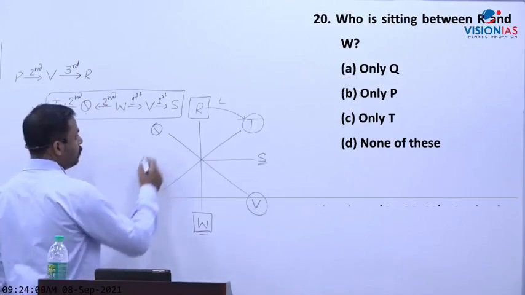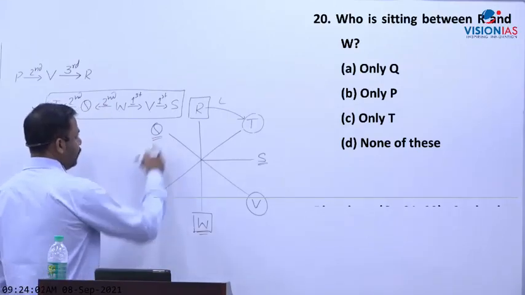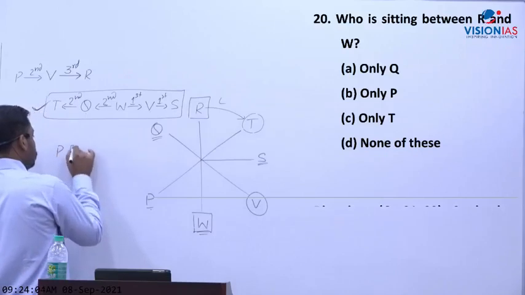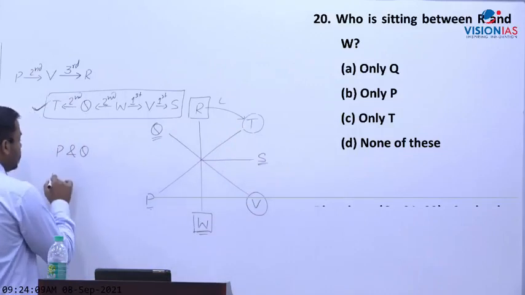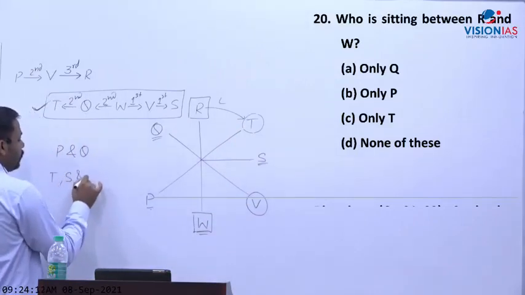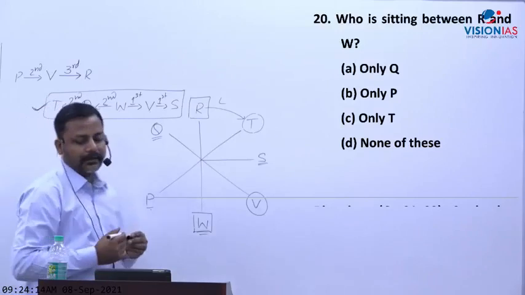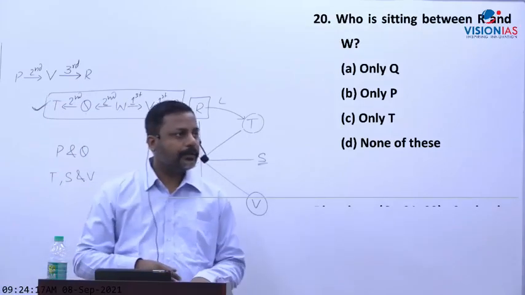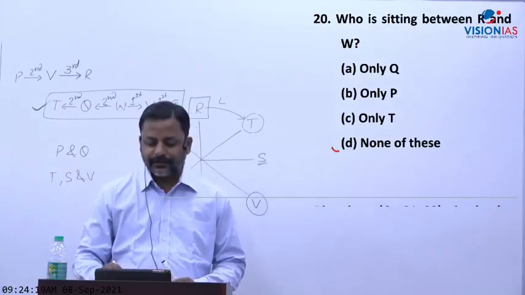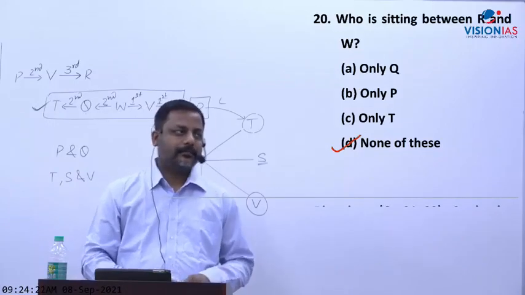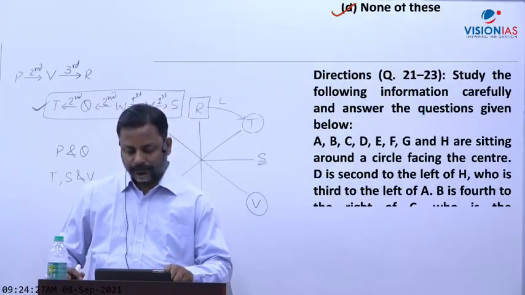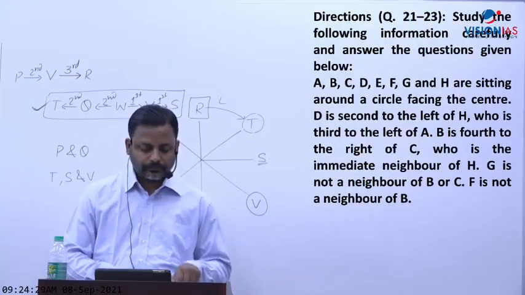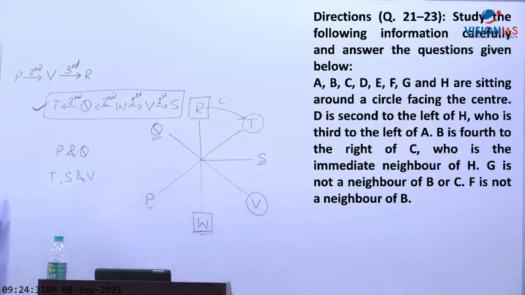So P and Q are between R and W. So our answer should be P and Q, or from the other side we can say T, S and V. Since we are not getting this particular set of information, here the answer will be none of these. Okay? Yes, very good. Now come to the next set of information. Try to solve this.